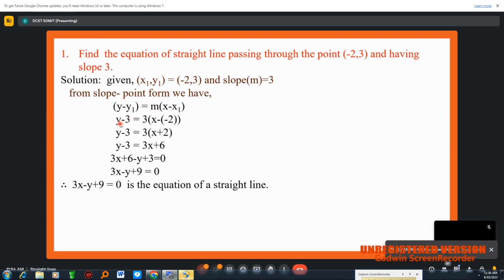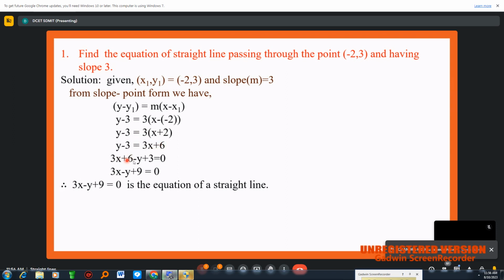That is nothing but y minus y1 ಅಂದ್ರೆ ಏನಿದೆ 3, y minus 3 is equal to m value it is 3, 3 into x minus, so the x1 value it is minus 2. So now this is nothing but y minus 3 is equal to 3x minus into minus it is plus 2. So now it is y minus 3 is equal to 3 into x, that is 3x plus 3 into 2 it is 6.